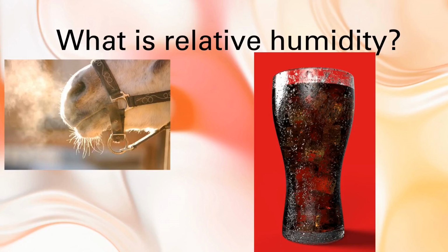So what's happening is, well, let's take a look at it this way. Relative humidity is when the temperature in the air has the potential to hold 100% maximum saturation, right?